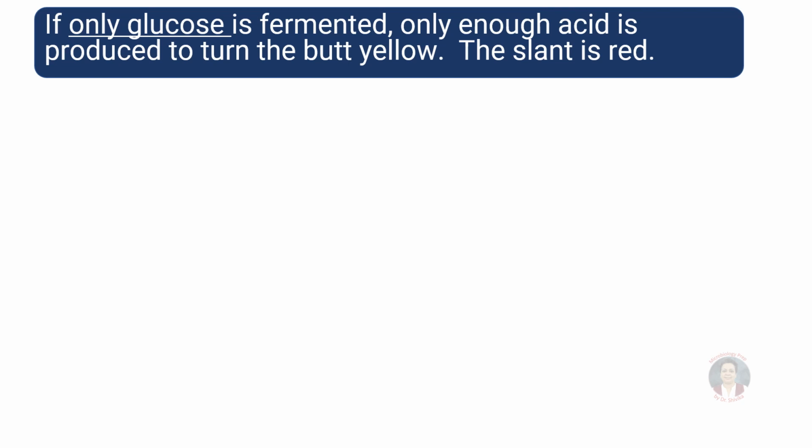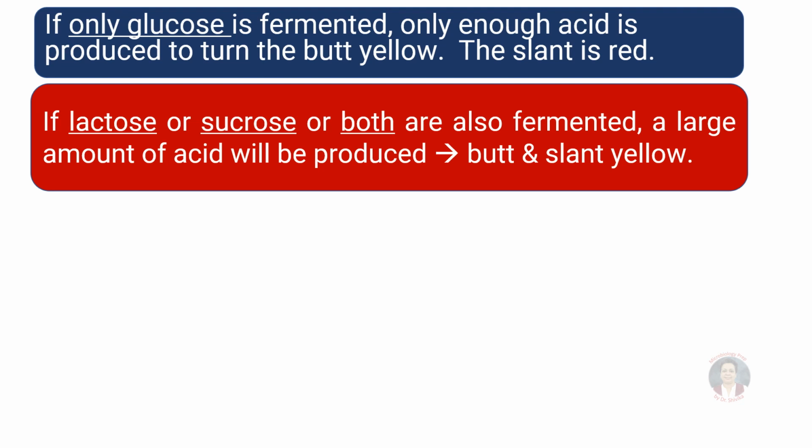So only the butt remains yellow, and the slant becomes red because of the switch over of the bacterium to peptone breakdown. If lactose or sucrose or both are fermented, lots of acid will be produced. So the butt will be yellow and the slant also will be yellow. Peptones will not be utilized.